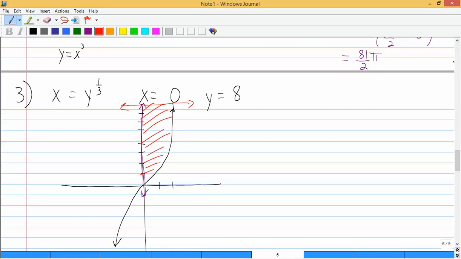Now, remember what we're doing here to form discs. That's very important. Before we were taking vertical rectangles. Now we're taking horizontal rectangles, an infinite number of those horizontal rectangles.